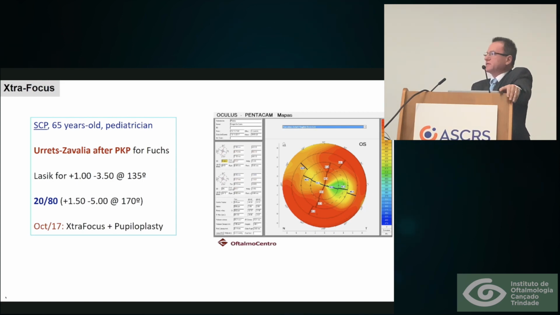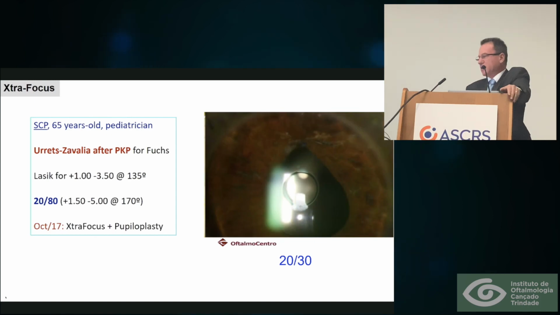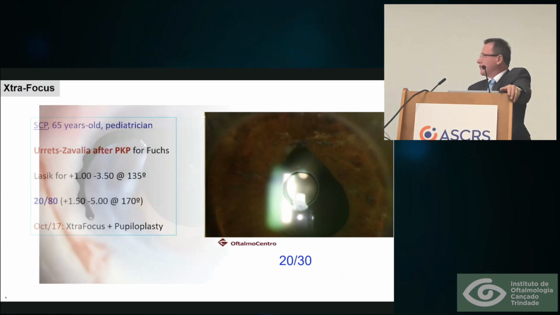He had already undergone LASIK to try to decrease corneal astigmatism, but the astigmatism came back at 5 diopters, so he didn't have enough tissue to redo photoablation. I performed an extra focus and an iris repair. And this is his post-op appearance, 20/30 uncorrected VA, and a very happy patient.